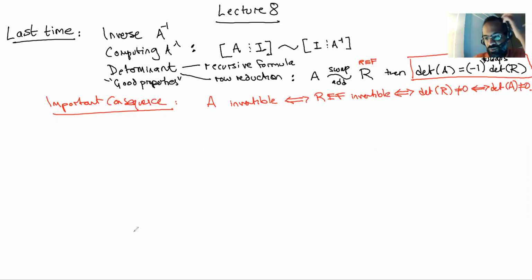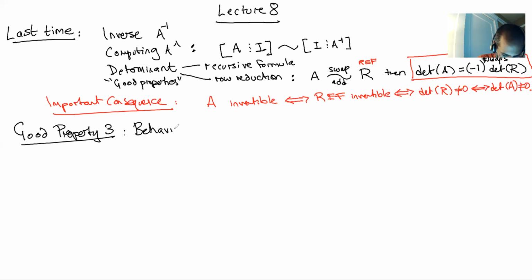Okay, so I want to make two more remarks about the determinant. So one is that there's a good property 3. Last time there were good properties 1 and 2, which were behavior under row operations and what the determinant looks like on upper triangular matrices. Good property 3 is the behavior under multiplication.